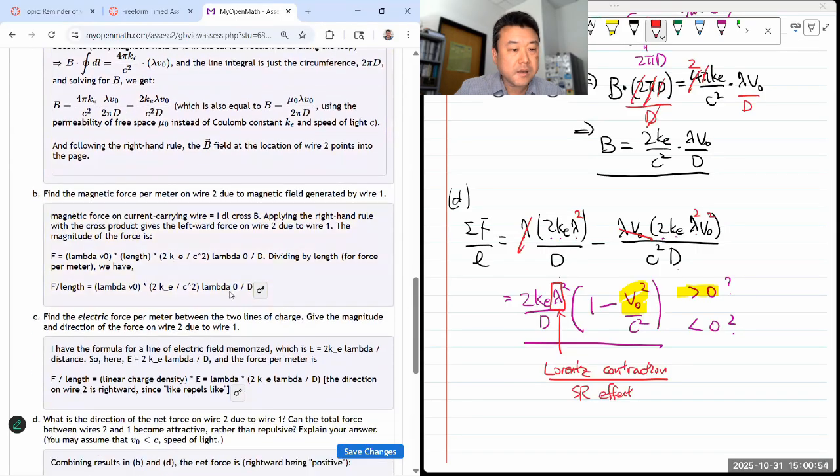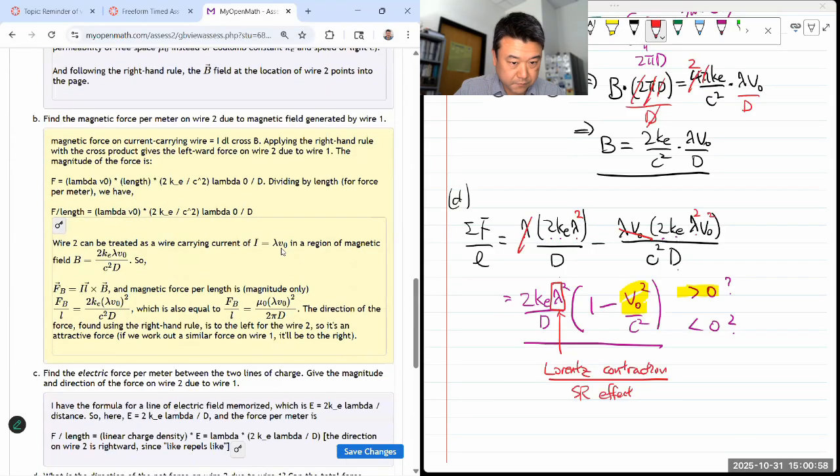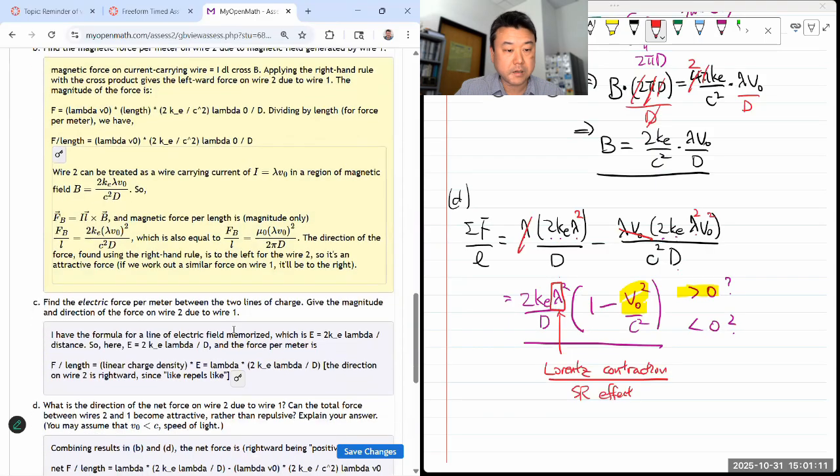Yeah, good. Part B, the magnetic force per meter of wire can be written with the amount of current and magnetic field, so you use that, and yeah, magnitude only is that. Direction, using right hand rule, is left for wire 2. Yeah, so I think I did that.